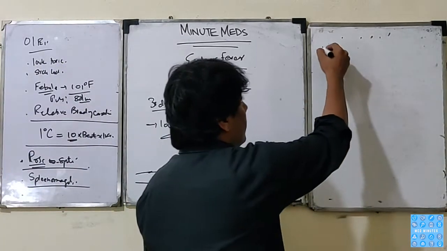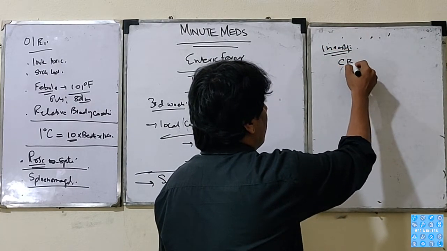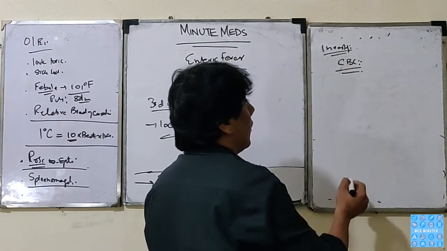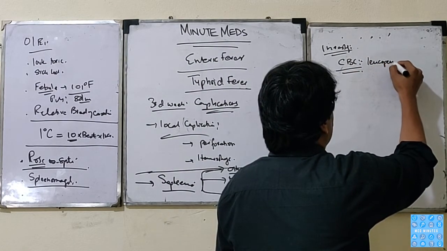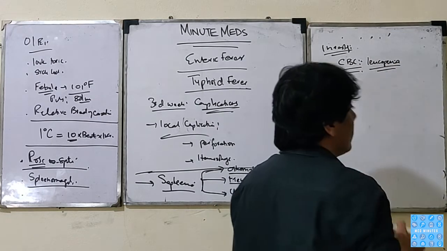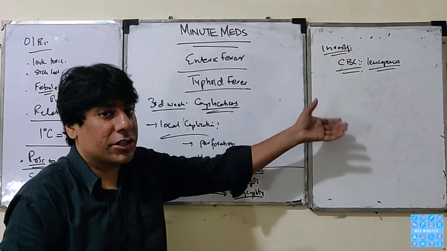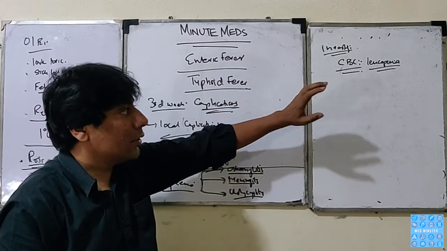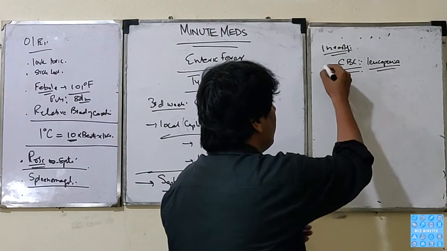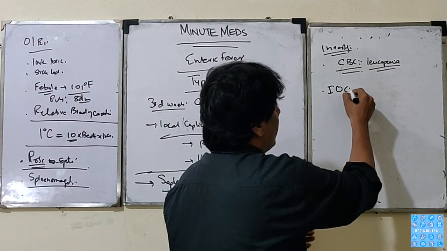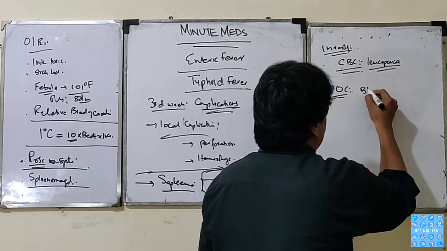So, how to investigate? We start with the complete blood picture, and it shows leukopenia, a decreased WBC count. Usually in bacterial infections the TLC is raised, but in this case there is usually leukopenia. Then the investigation of choice in typhoid fever is blood culture.